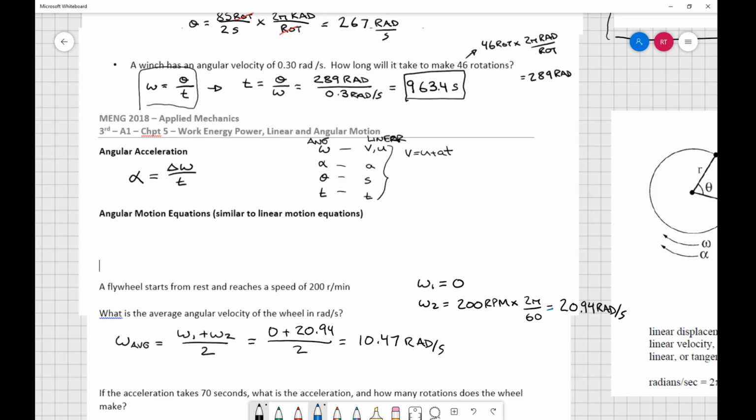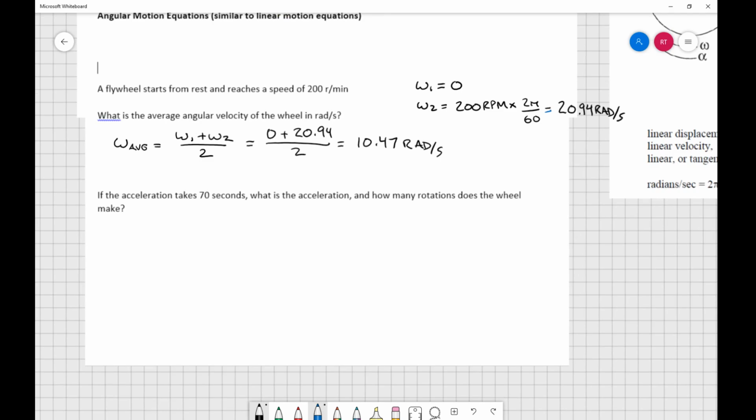Okay. Where I start to use my motion equations, it's going to be here. So the acceleration takes 70 seconds. What is the acceleration, and how many rotations does the wheel make? Okay, so just like I did with my linear motion, I'm going to list my values.